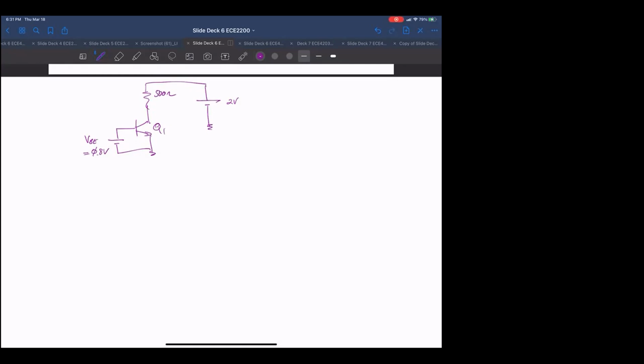Does this have all the info we need? I think we also need an I sub S value. I don't know what the book has, but let's pick 1 times 10 to the minus 14 amps. Let's see what that does to us.